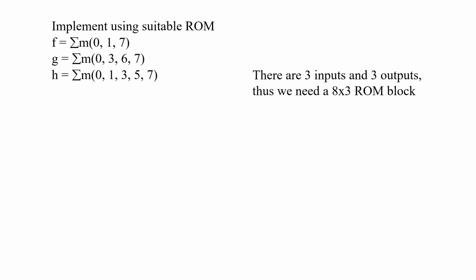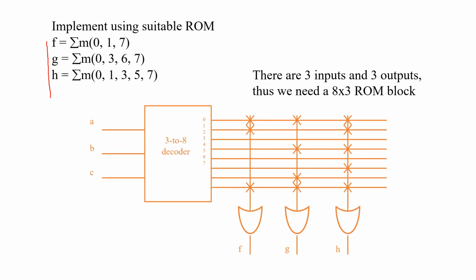Implement using a suitable ROM. Again here minterms are 0 to 7, so 3 inputs and 3 outputs, F, G, H are outputs. So we need an 8 by 3 ROM block to implement this particular function. See here, 3 inputs A, B, C. F is equivalent to 0, 1, 7.